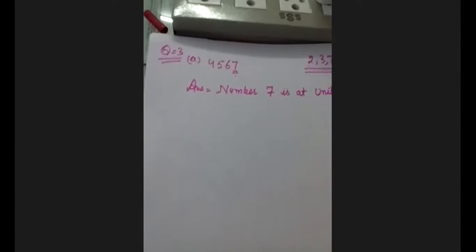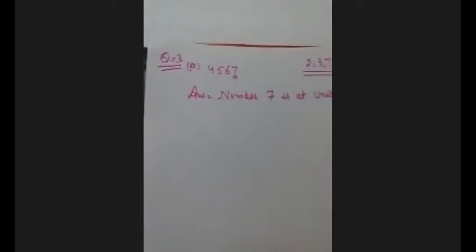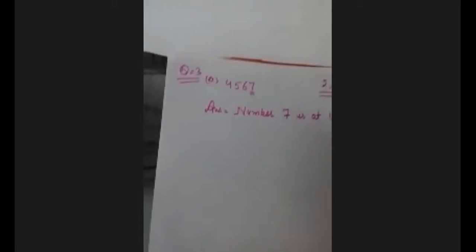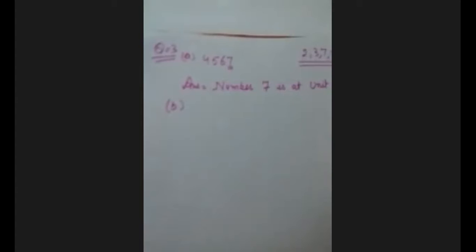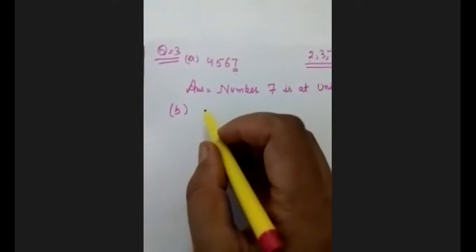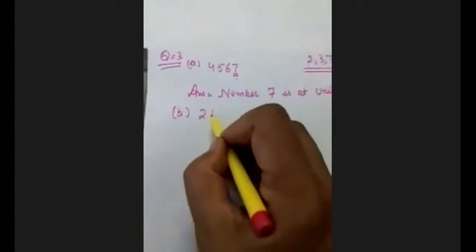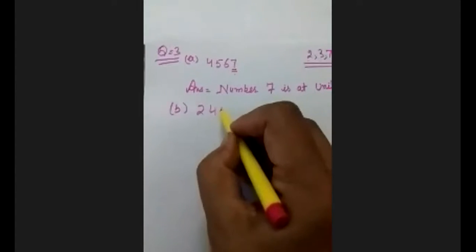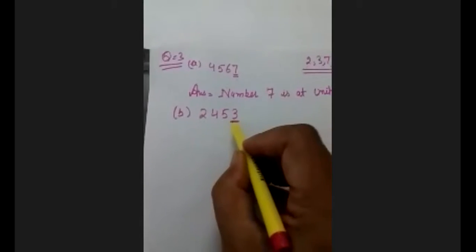Students, next is part B. Yes, friends, your second number is 2453. Now, the last digit is 3.